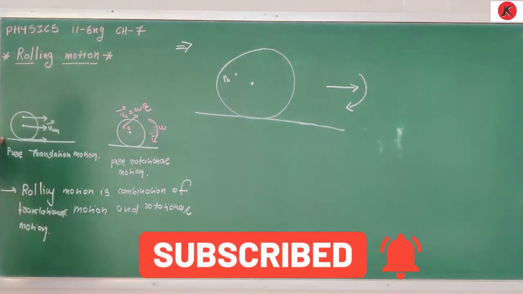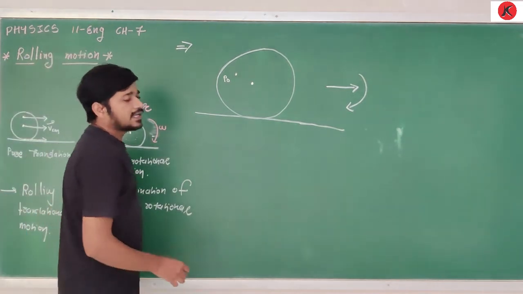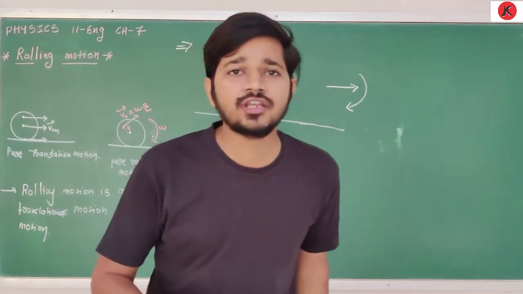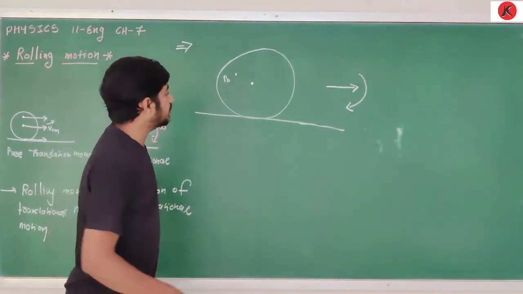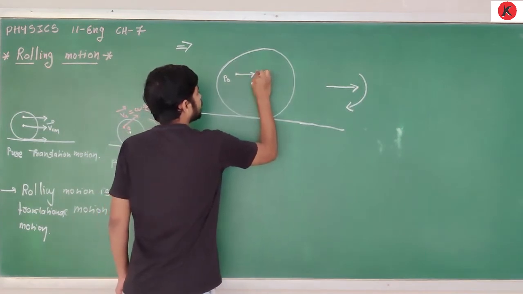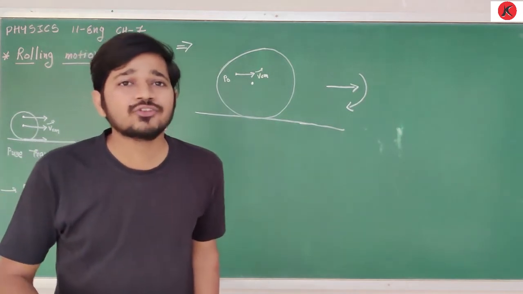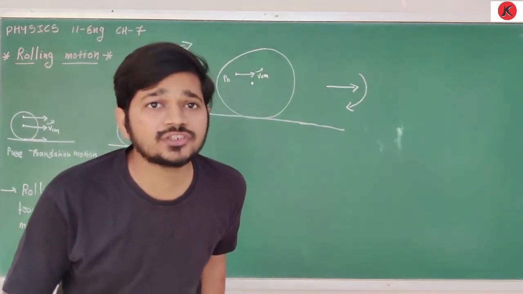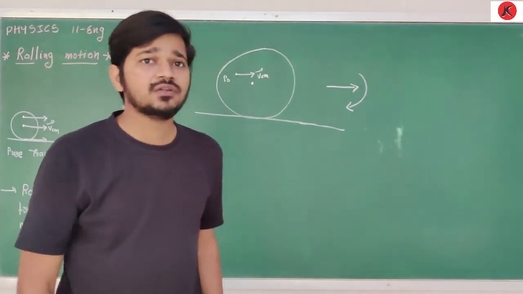First, due to pure translational motion, the velocity of each and every particle will be the same and is equal to the velocity of center of mass. So that velocity is like this, it is V center of mass. Any doubt? This velocity is on account of translational motion.